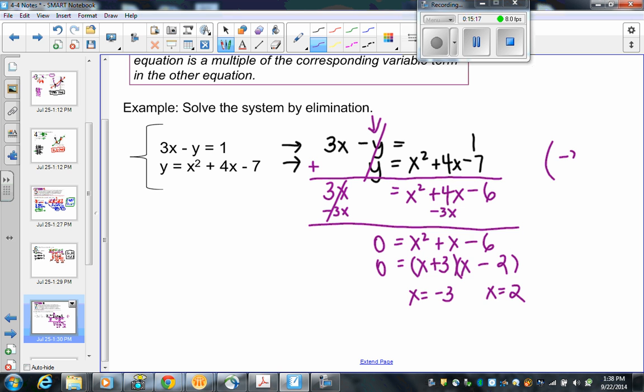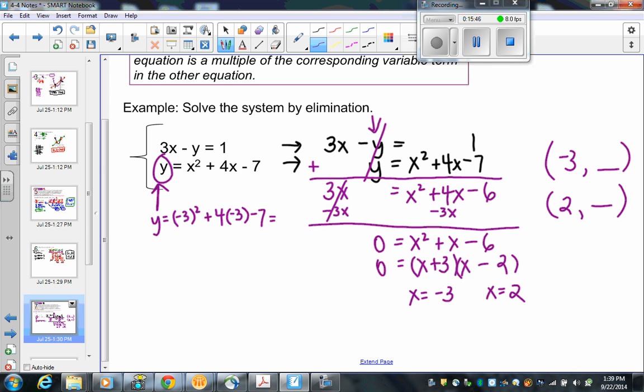So writing down our ordered pairs, and plugging back in. We can plug back into any equation, but we want to solve for y. Since this second equation is already solved for y, it may be easier to choose this one. So I'm going to plug in x as -3 into that equation.